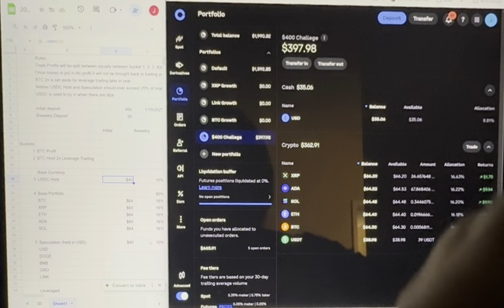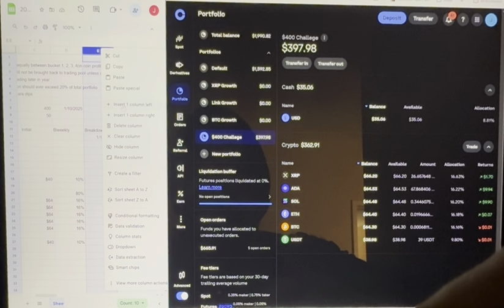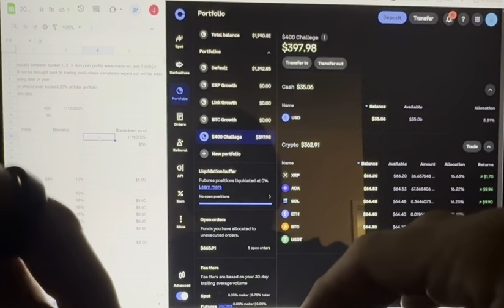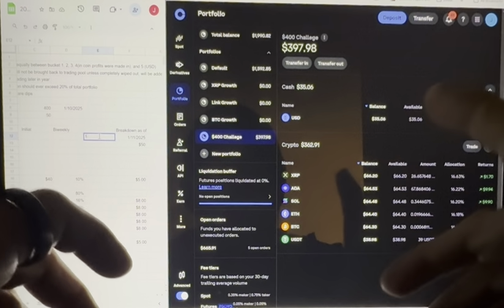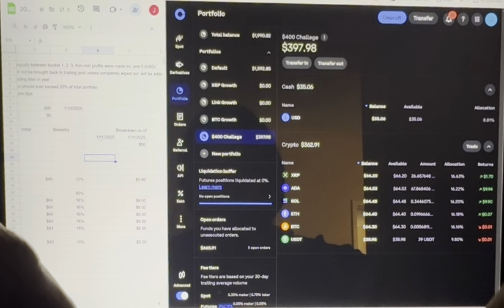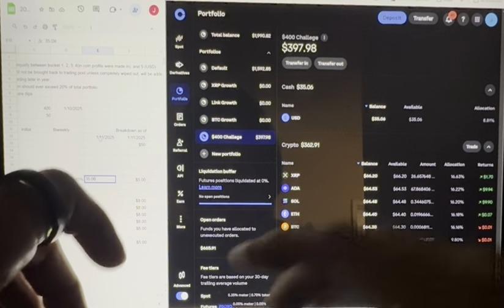Now what I'm going to do is come down here and put an insert column. We're going to put today's date right here, and we're going to say today's date is 1/11/2025. And we're going to come down here and we're going to say, currently we have 35.06.